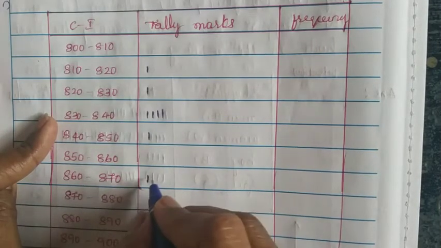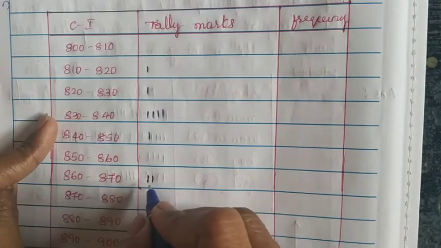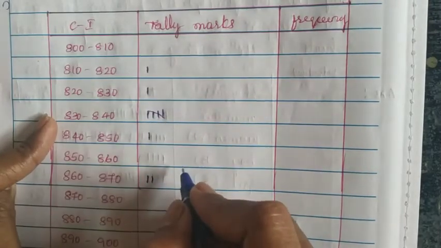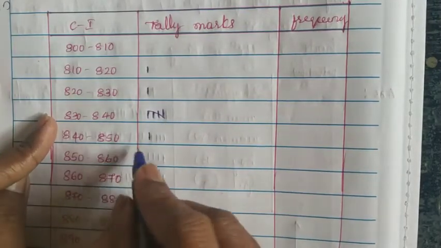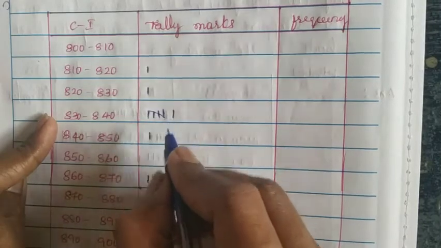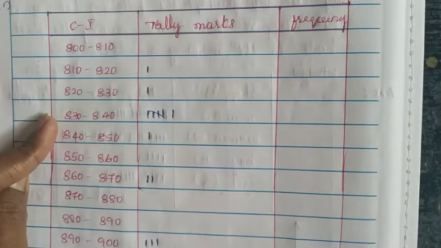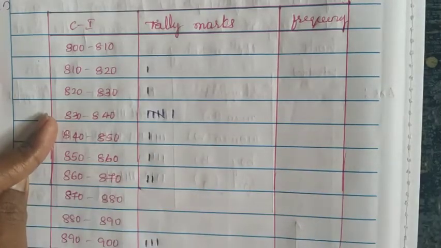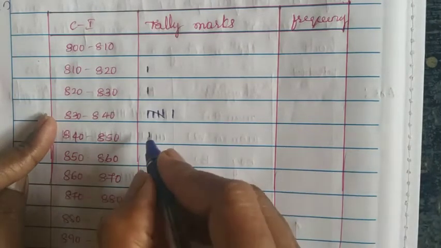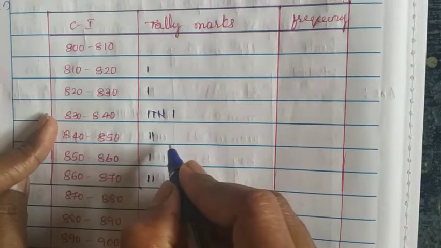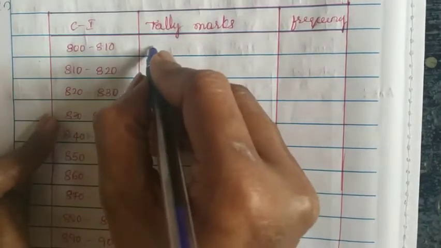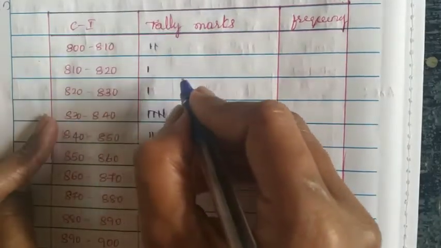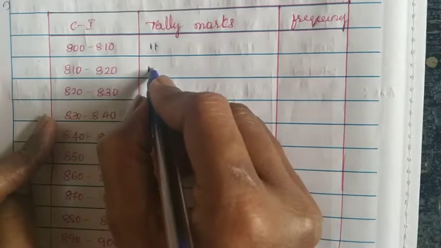Next 860 belongs here. Next 832 is here. Next is 833, it comes here. Next 855 is here. Next 845 is here. Next 804 comes here. 808 is here. 812 is here.